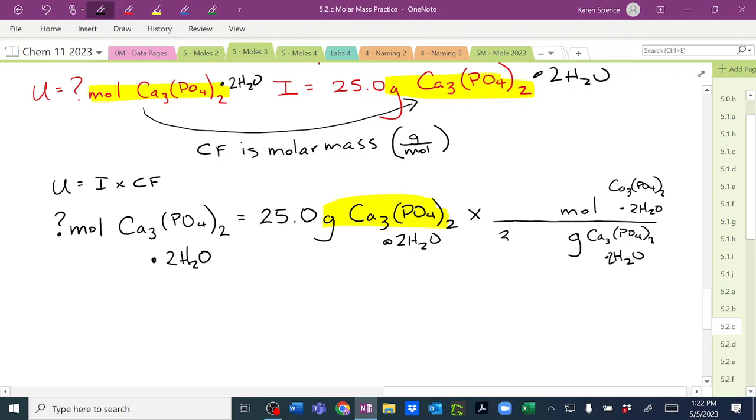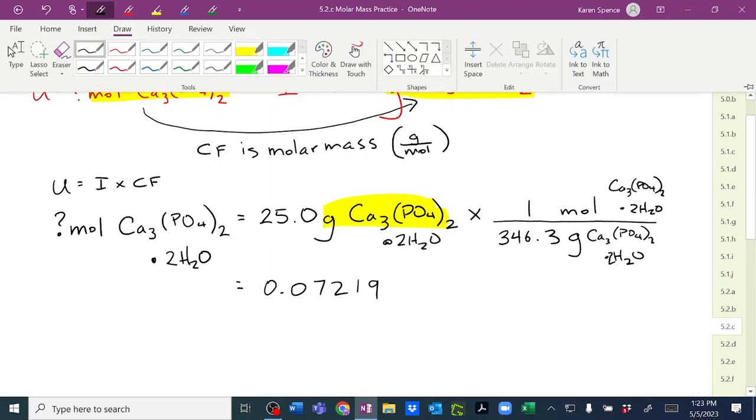Where does the 346.3 go? On the bottom with the grams. 346.3 grams per how many moles? 1 mole. There's just 1 mole. Okay, 1 mole per that many grams. All right, we're going to get a fraction here, aren't we? 1 over 346.3 times 25 equals 0.07219.